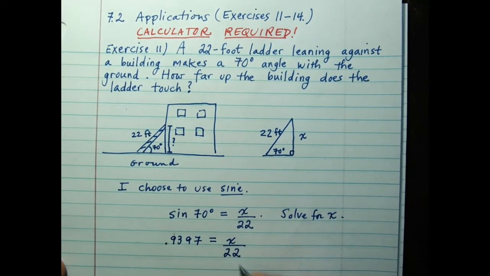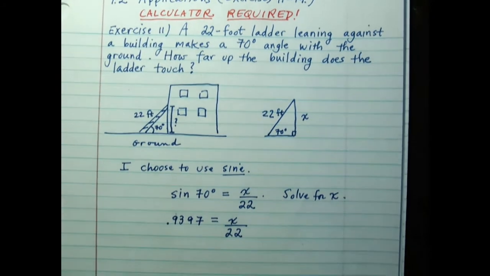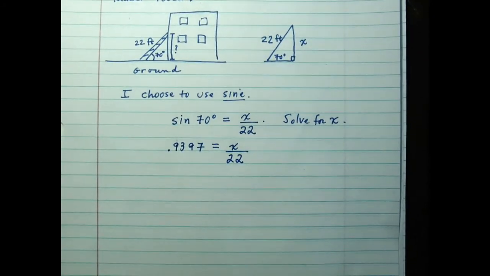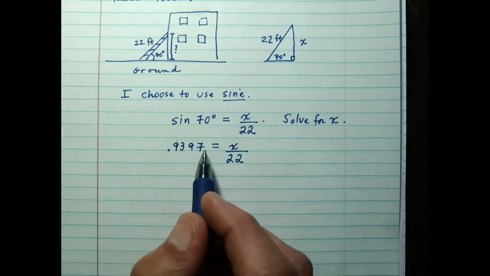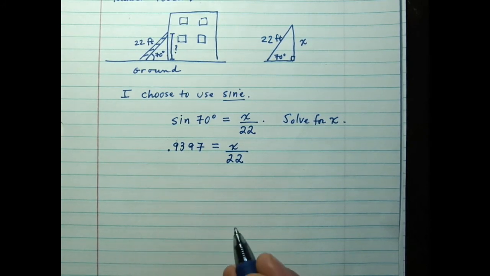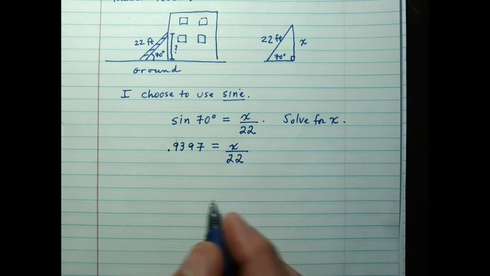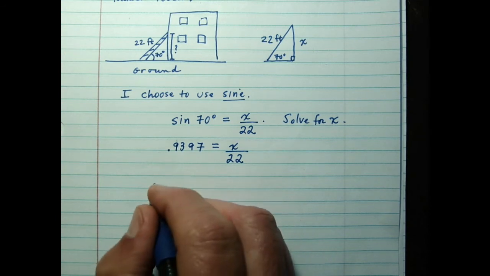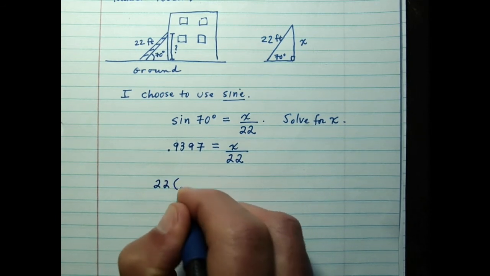Now, I don't have an official rule on where you have to round off values in this course. I recommend four places for trig function values to get reasonable accuracy, but I'm not going to zing people if they don't get exactly the same answer as I do. In fact, if you work with more decimal places, you'll get a more accurate answer than the one I'm getting here. So multiply both sides by 22.